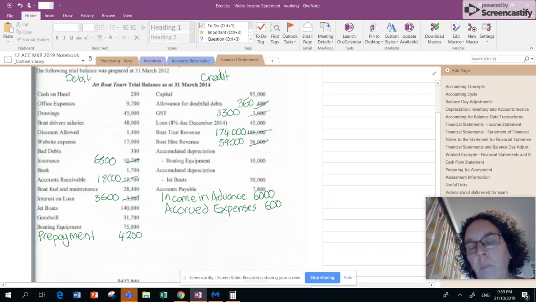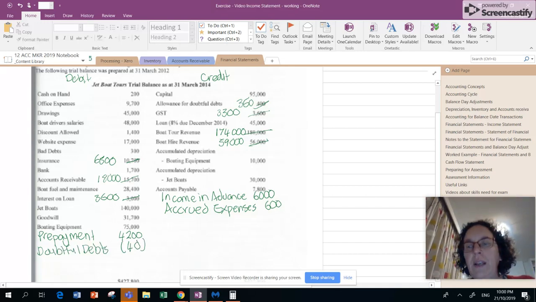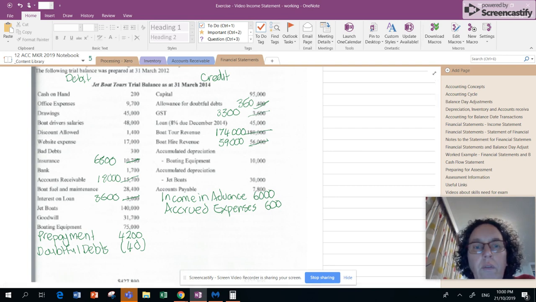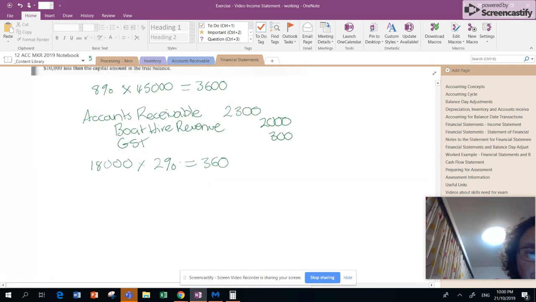And that means that our doubtful debts, we're putting it on this side, even though it's going to be a credit, because it will still end up in the expenses, but it will be like a negative expense. So the journal entry for the allowance for doubtful debts would look like this.